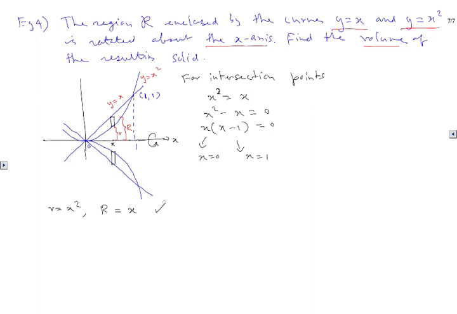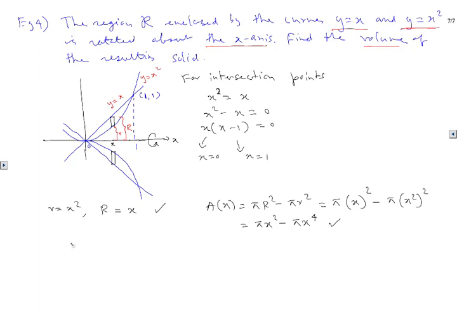So we can find the area. A of x is pi big R squared minus pi small r squared, which is pi times big R, which is x, squared, minus pi times small r, which is x squared, squared. So if you simplify this a little bit, you're going to get pi x squared minus pi x to the 4th. Okay, so let's simplify that first, and then let's write the formula.